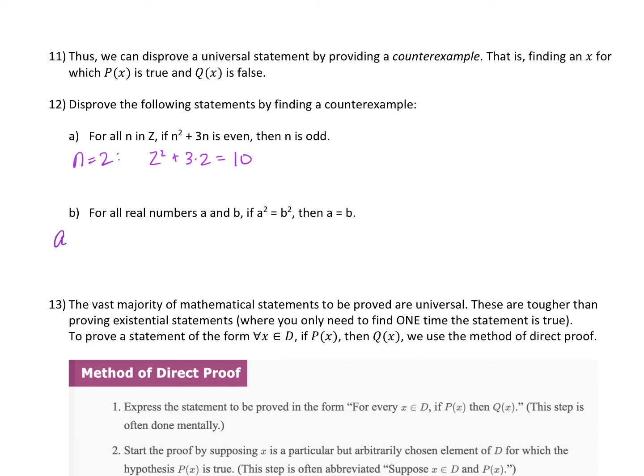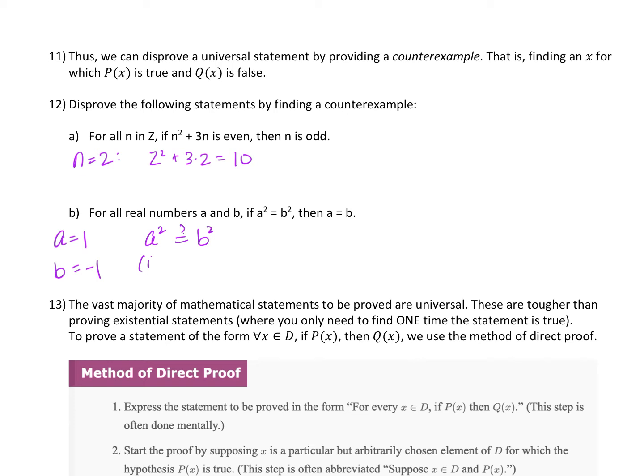get a positive. So if I choose a equals 1 and b equals -1, a squared equals b squared. Oops, not plus. Sorry. Does a squared equal b squared?